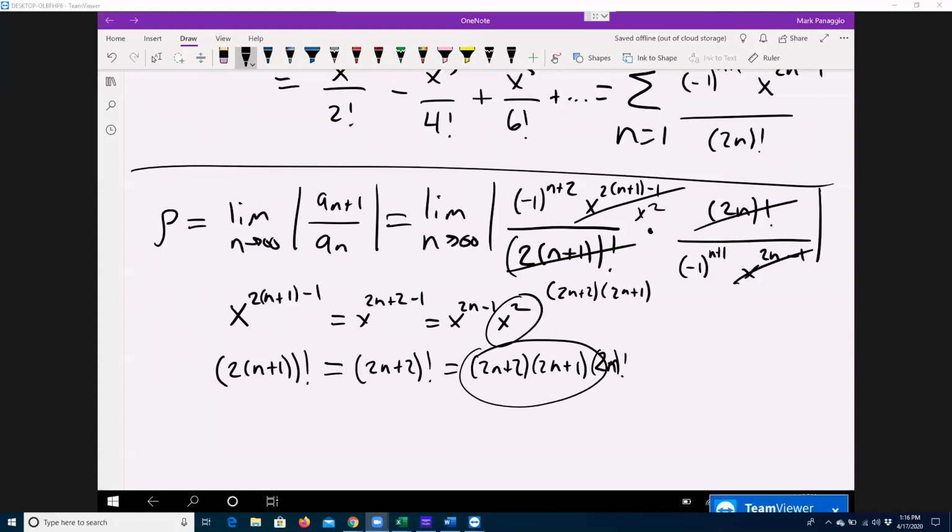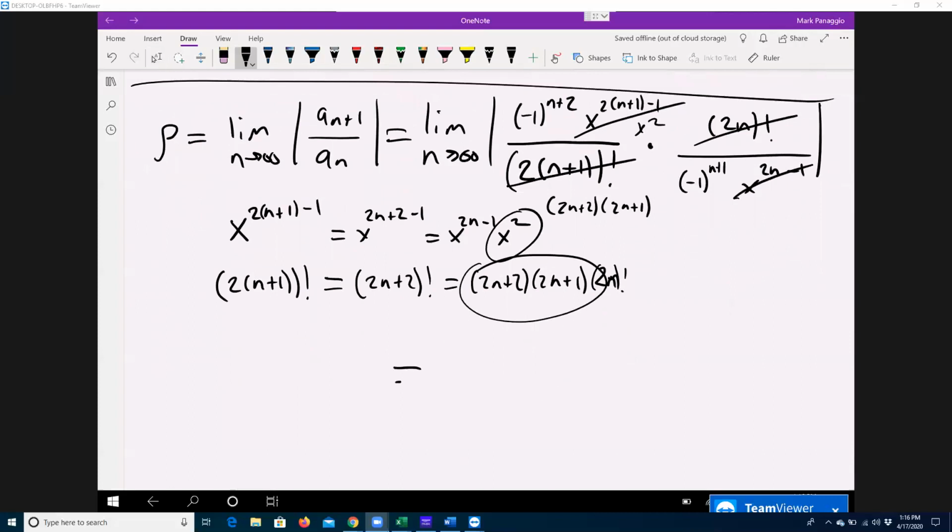And of course, when we take absolute values, it really doesn't matter how many negative ones we have, because that's ultimately just going to become a positive one. And so we'll be left with the limit as n goes to infinity of, in the numerator, we just have an x squared. And in the denominator, we have 2n plus 2 times 2n plus 1. And here I've dropped the absolute values because everything is positive.